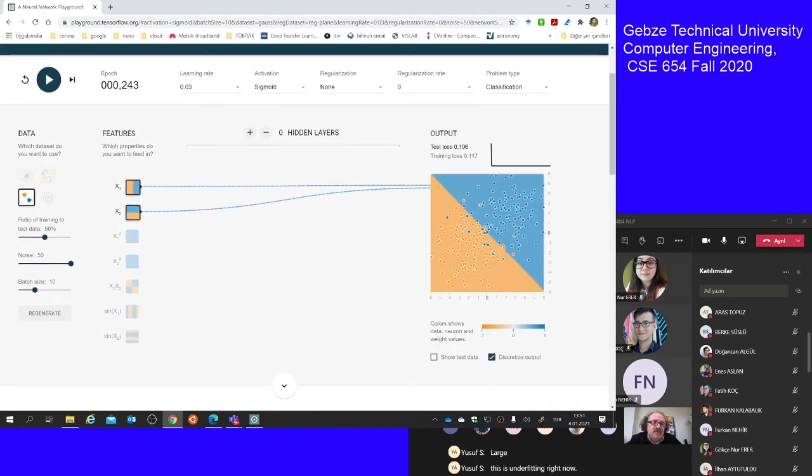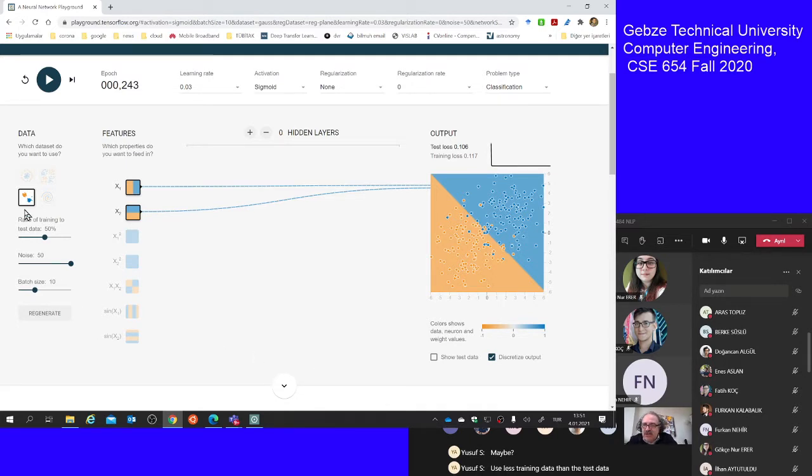So suggest a way to make our test loss much larger than this. To overfit, what would you do? Train more epochs, or maybe use less training data than test data.